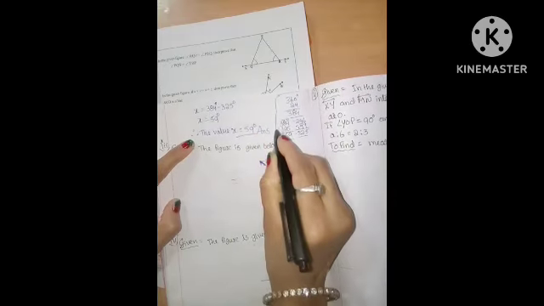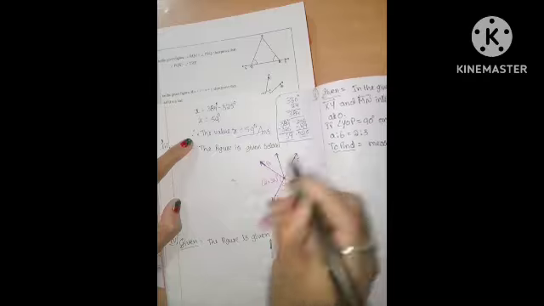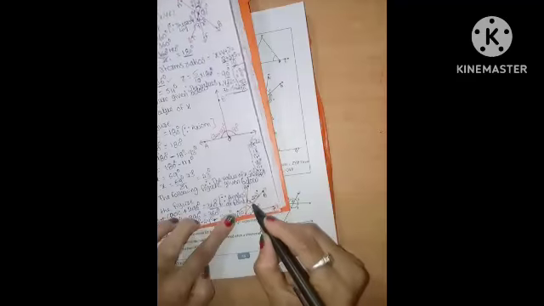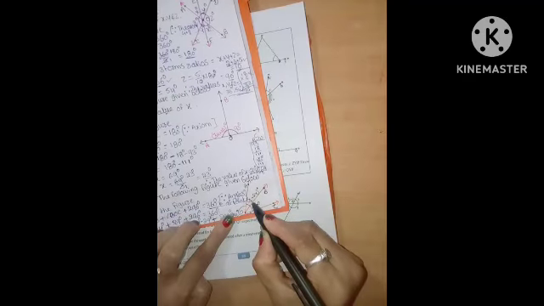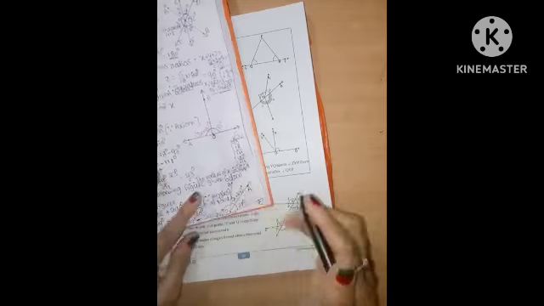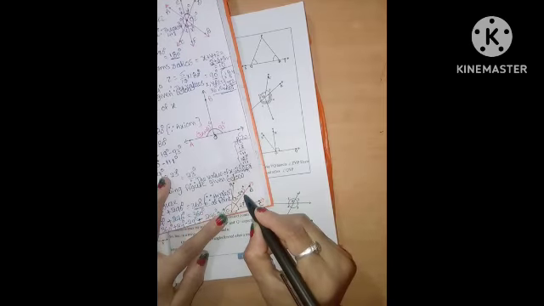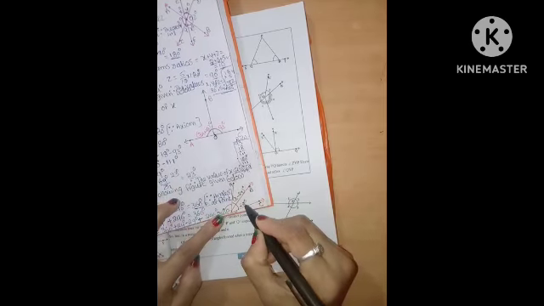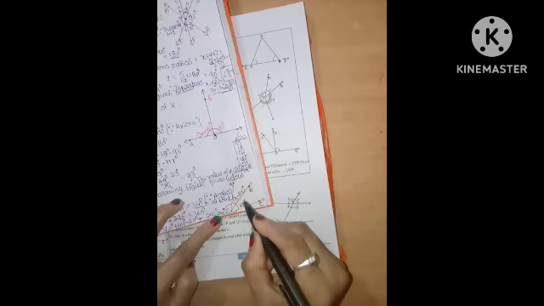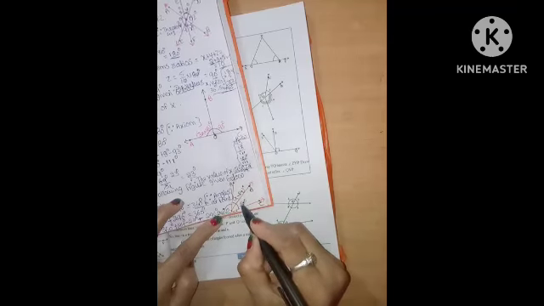This is the rough calculation. Are you understood? The x value is substituted in this place. How much is the x value? 59. Then 59 minus 24 plus 29 plus 296, the sum of these all is equal to 360 degrees.